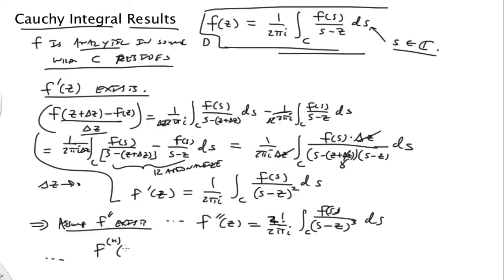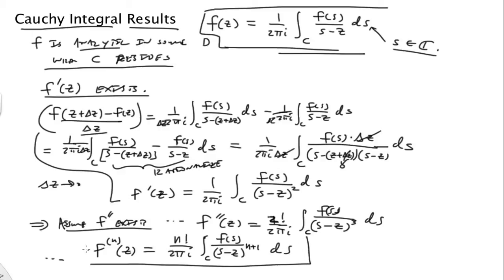Likewise, as long as I know that some higher order derivative exists, if I want to find the nth order derivative, and I put the parentheses there to mean nth order derivative, I can write that as n factorial all over 2 pi i, times the integral over the contour, which lies in our domain of analyticity, of f of s all over s minus z to the n plus 1 power ds.